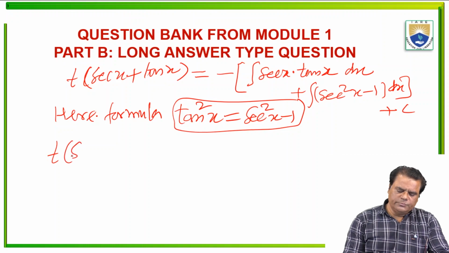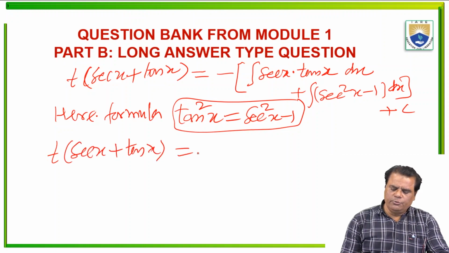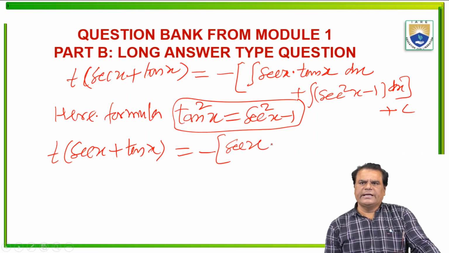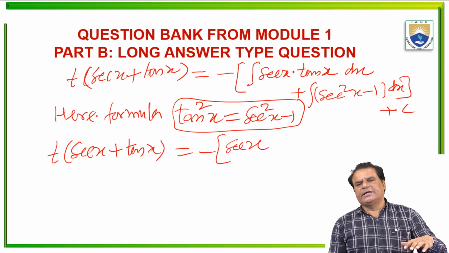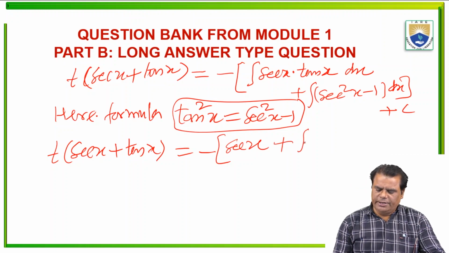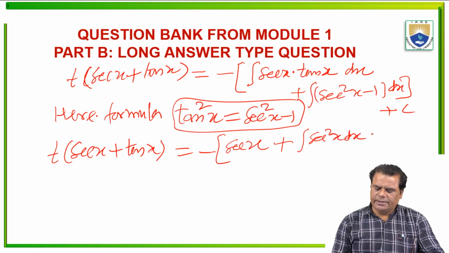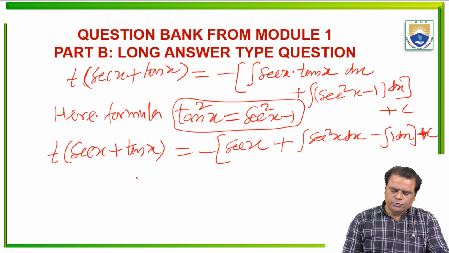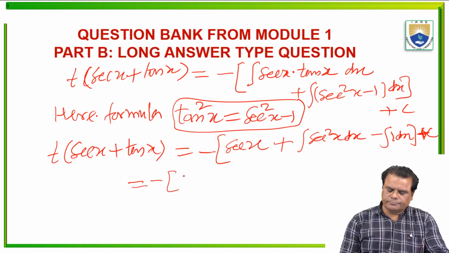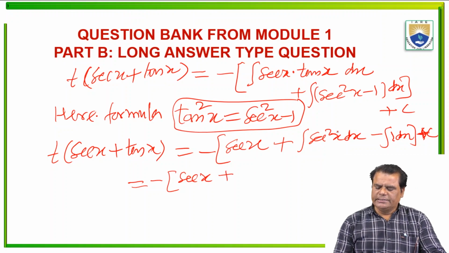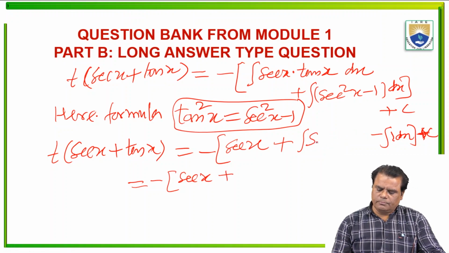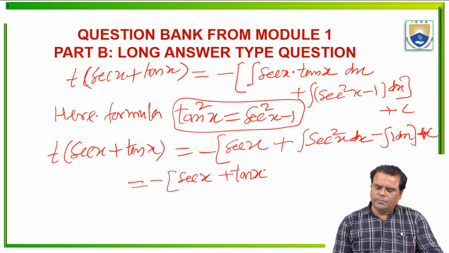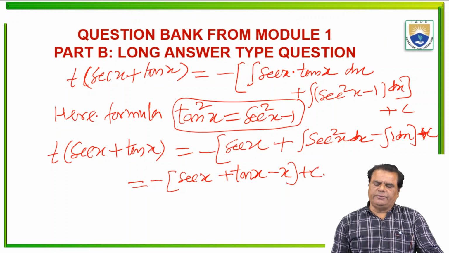So t into (sec x plus tan x) equals minus integration of sec x tan x, which is sec x, because the differentiation of sec x is sec x tan x, and plus integration of sec² x dx and integration of 1 dx, plus C. So this equals minus sec x plus integration of sec² x dx, that is tan x, and minus x plus C.